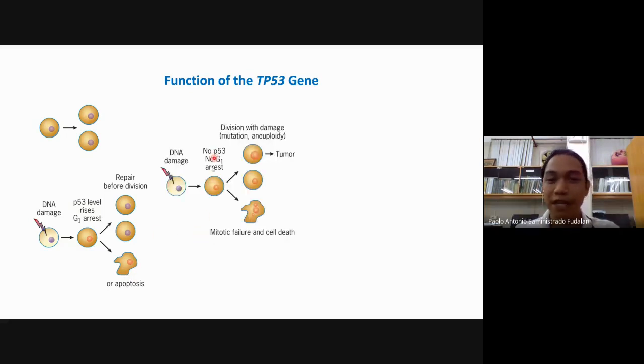Now, if there is no P53, like the one shown here, even if there's DNA damage, the cell will still continue dividing. And of course, we can expect the damage to build up, and so the cell eventually becomes a tumor cell. So that's why P53 is known as the guardian of the genome, because it helps detect DNA damage prior to cell division.